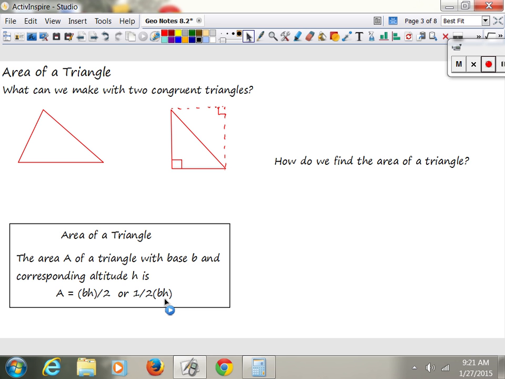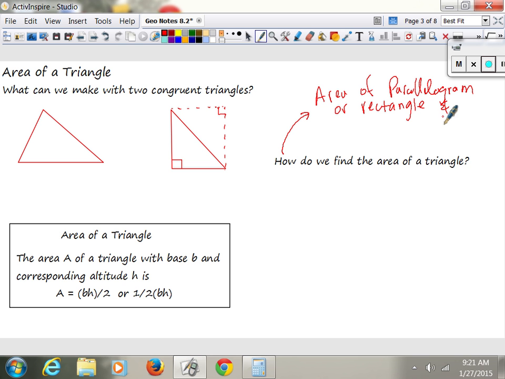So to find the area of a triangle, we use our base times our height divided by 2, which means that we actually take the area of a parallelogram or rectangle, and divide by 2.